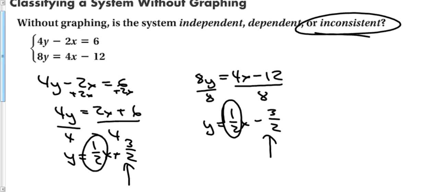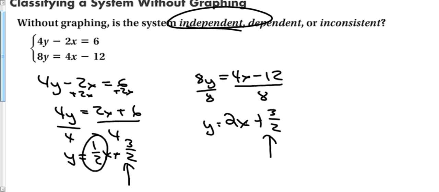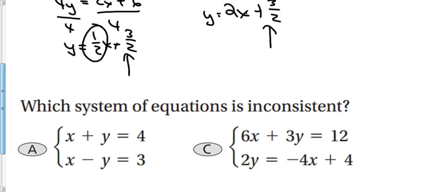If I were to change that to a plus, now it would be a dependent system, because the two intercepts are exactly the same. And finally, if I change one of the slopes, now I have an independent system. Even though the intercepts are the same, the slopes are different, which means my two lines are going to intersect at one spot.